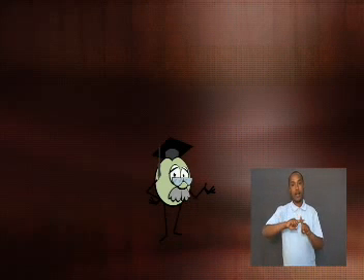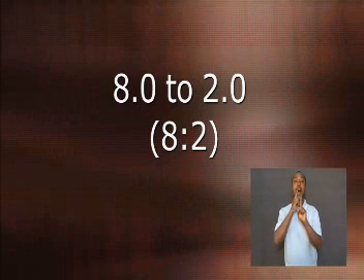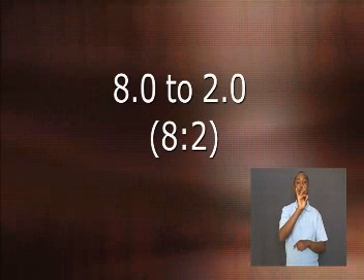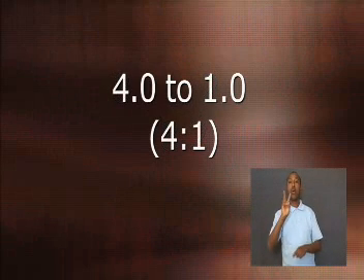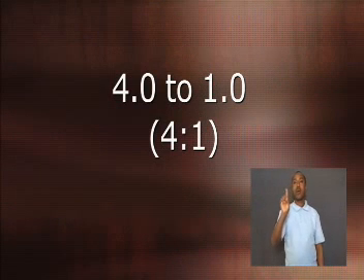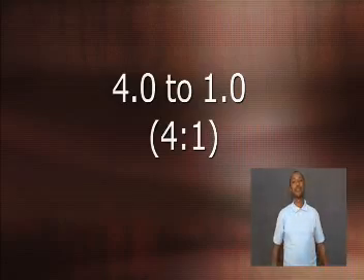Time's up. Let's get back to our lesson. Welcome back, students. How did you do? If you came up with the answer 8 to 2 or 4 to 1, then you are correct.